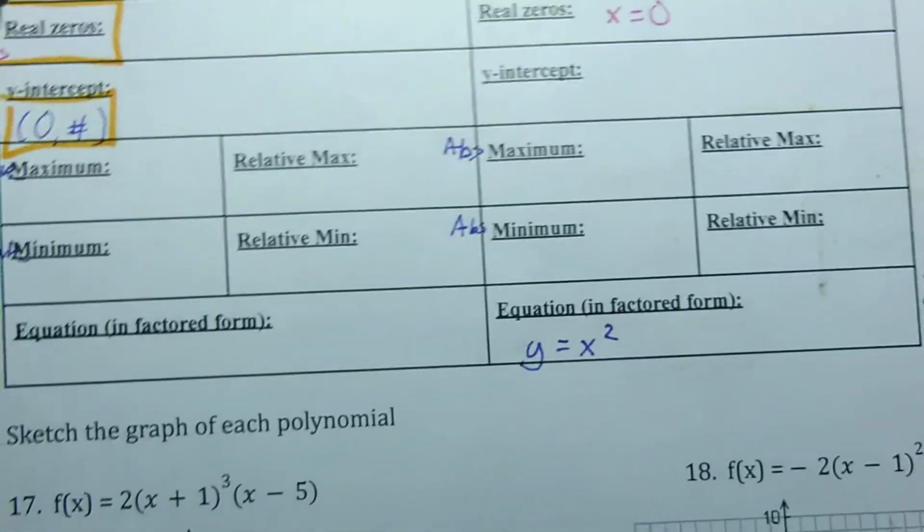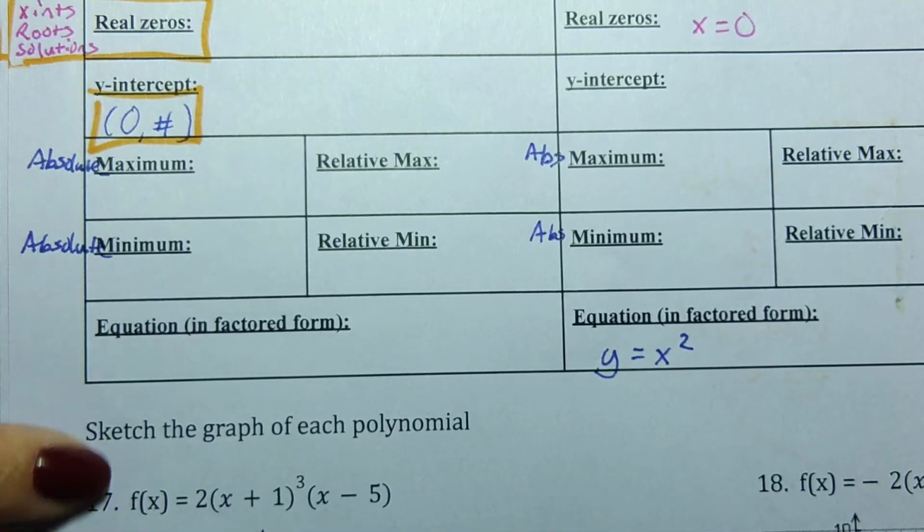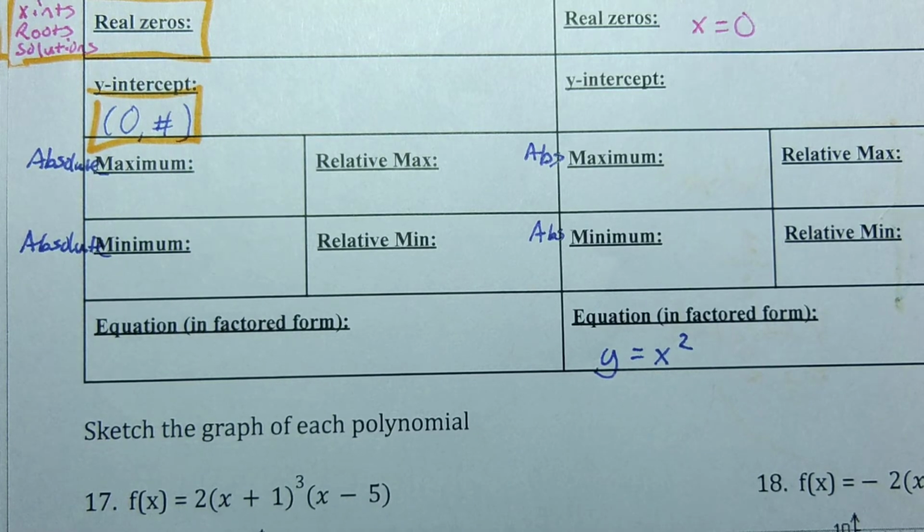So let's go ahead. And I want you to try the one to the left. Find the x-intercepts and put those in factored form first.